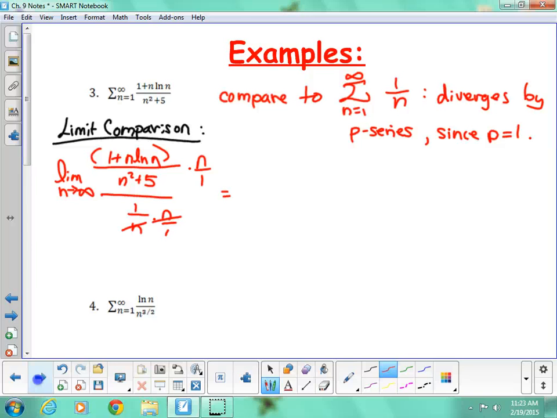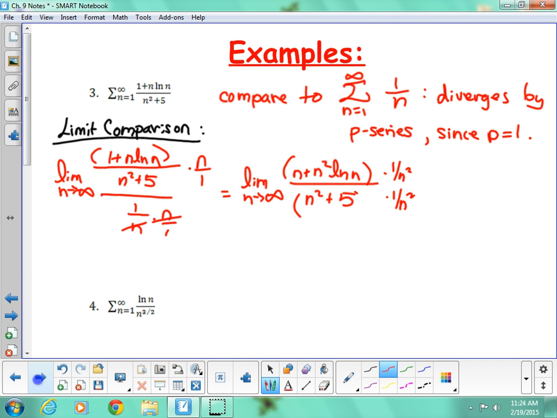Well, couldn't we do the following? Couldn't we see this as the limit as n goes to infinity of, just rewrite it a little bit, distribute in, and I would get n plus n squared ln n all over n squared plus 5. And then if I was to do the old-fashioned way that we did before, I could multiply top and bottom by 1 over n squared.